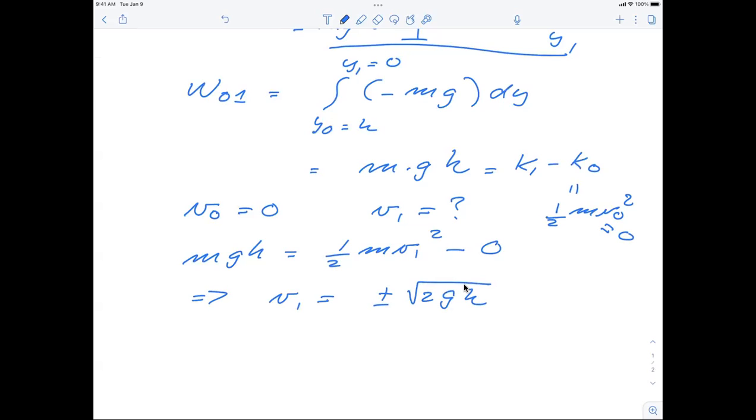Now, if you think a little bit over what we are doing now, we are using the work energy theorem to find the velocity. We are not integrating up the acceleration to find the velocity, but we're actually using the work energy theorem. So this is an alternative in order to find the same quantity which we would get if we were to integrate over time.